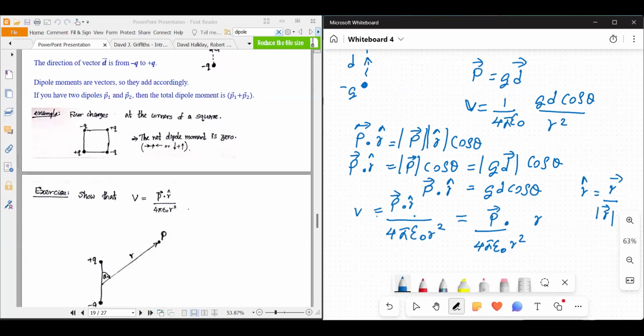So unit vector r is equal to vector r over the magnitude of that vector.